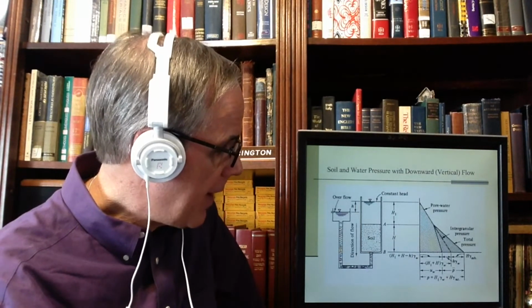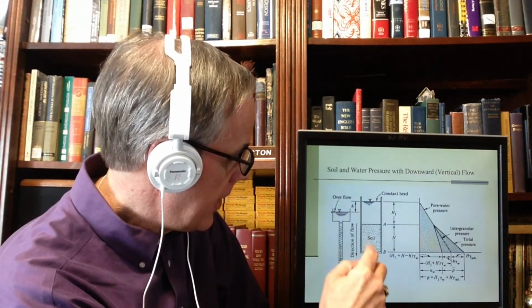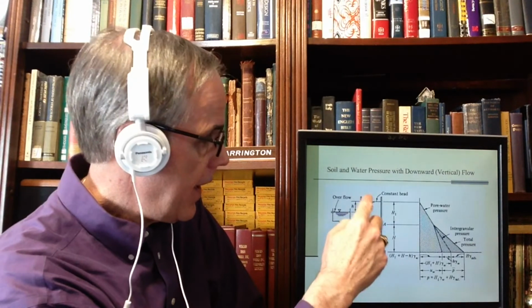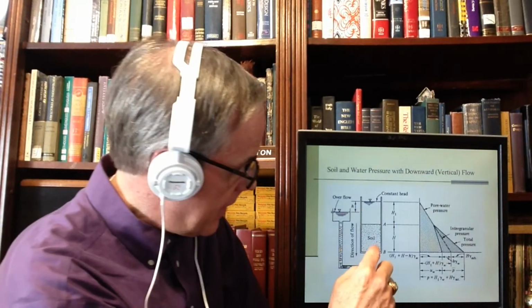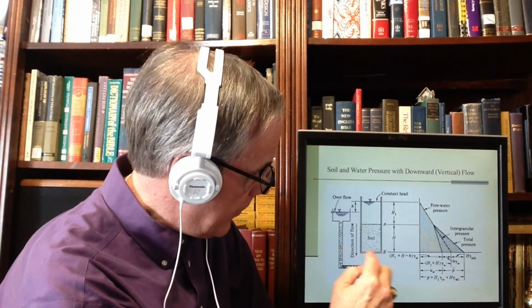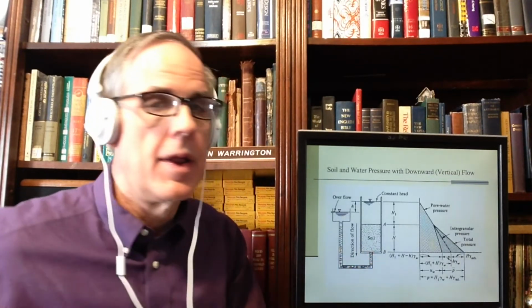If you compare the difference between the head from here to here and the head from here down to here, if there was no water flow, you would realize that this head would be greater than this one.